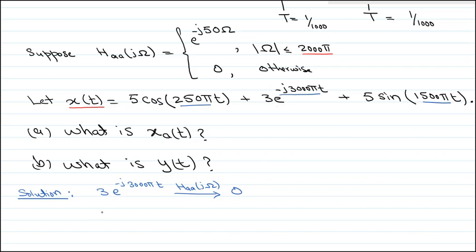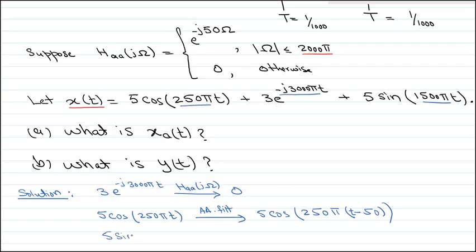So 5 cosine of 250 pi t, when it passes through the anti-aliasing filter, the output is simply going to be shifted by time units of 50, t minus 50.